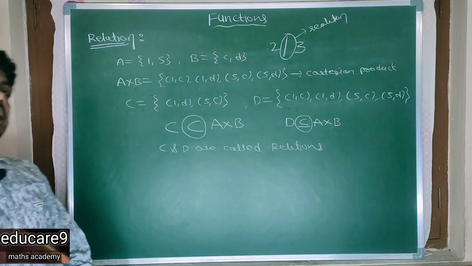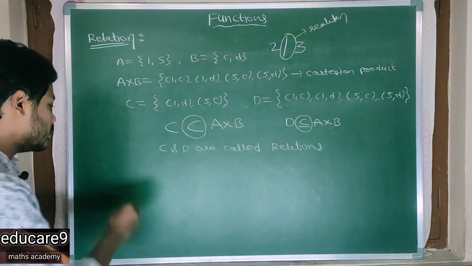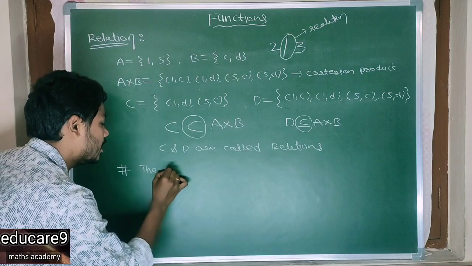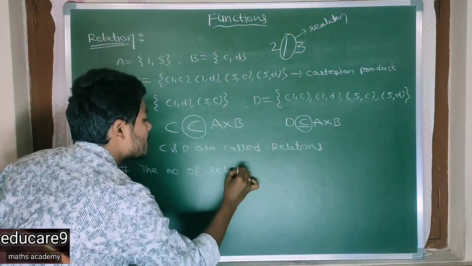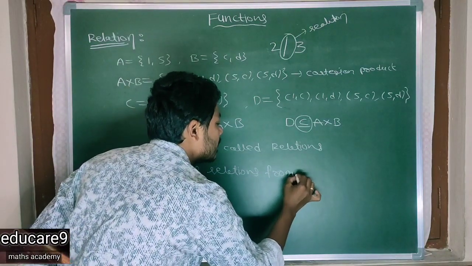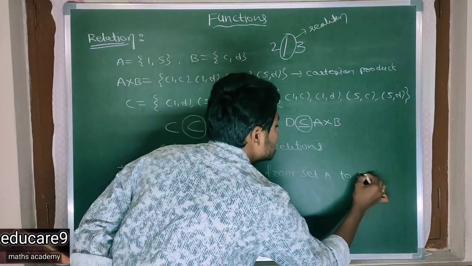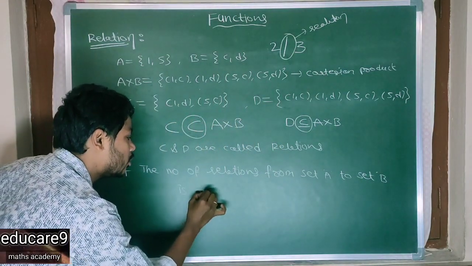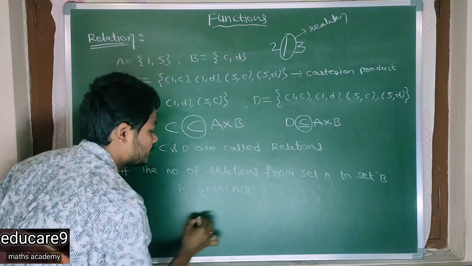Now, how to find the number of relations from set A to set B? Using the formula, the number of relations from set A to set B is 2 power (number of elements in A into number of elements in B).